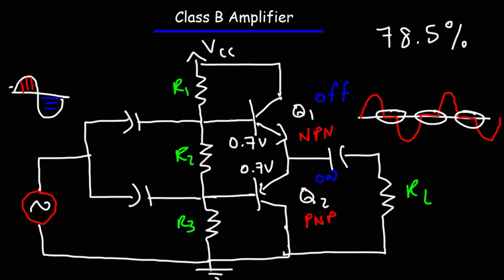So until the input sine wave reaches positive or negative 0.7 volts, the two transistors will be off, and so the output voltage will be 0 at this point. So that's the one disadvantage of the Class B amplifier, the presence of crossover distortion. Now this circuit can be improved by creating what is known as a Class AB amplifier.